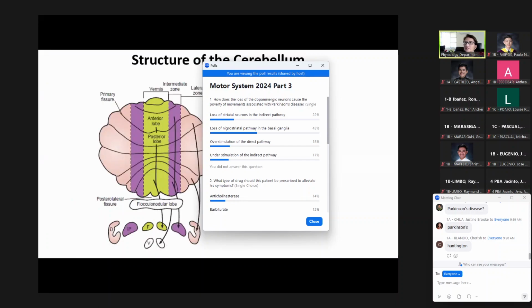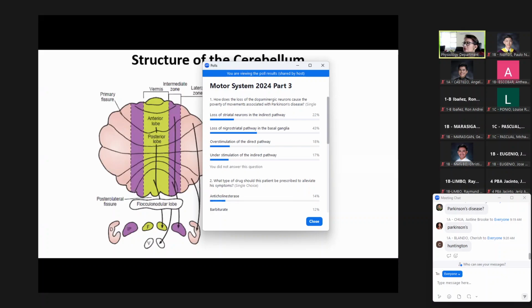Okay, so lastly, we have our cerebellum. Hindi ako nagtatanong ng any questions because we have another lecturer. So if you have any questions, put it in the discussion board in Canvas. Okay, alam ko magkakaroon kayo ng questions pag inaral nyo na to eh.